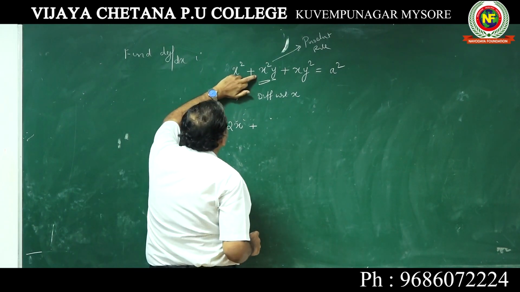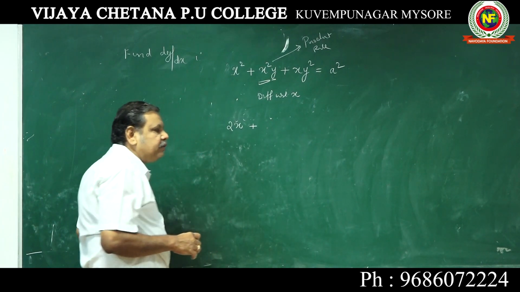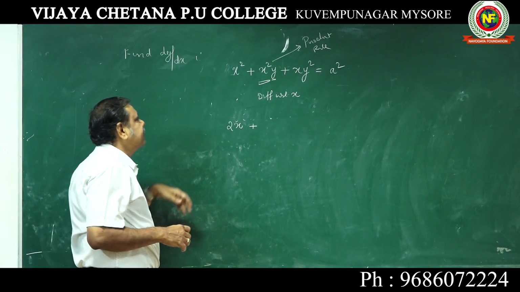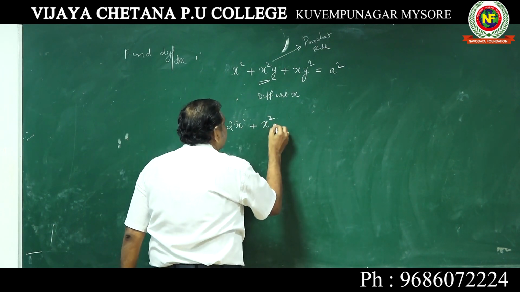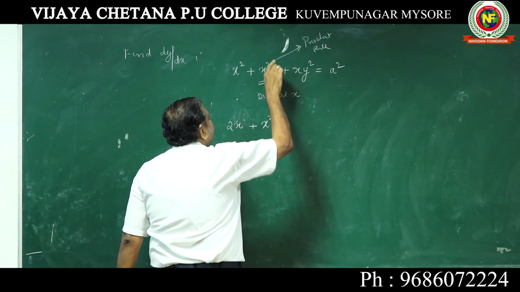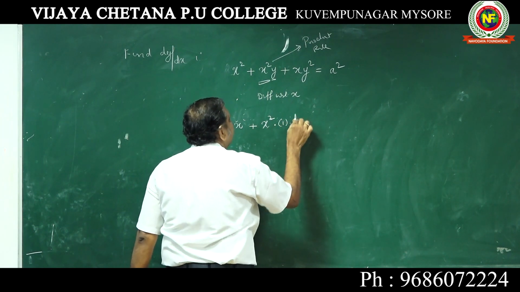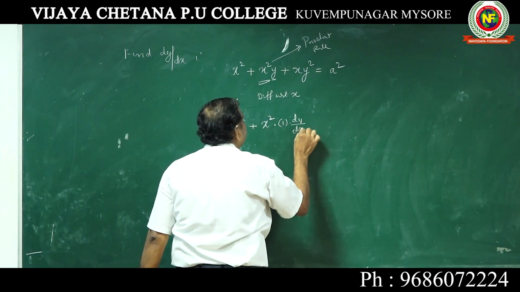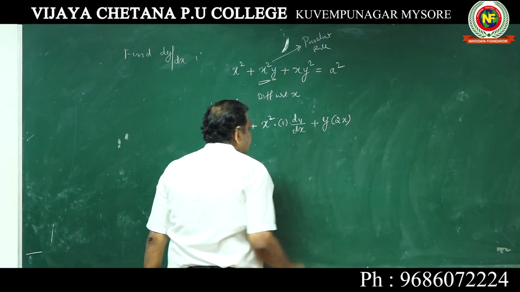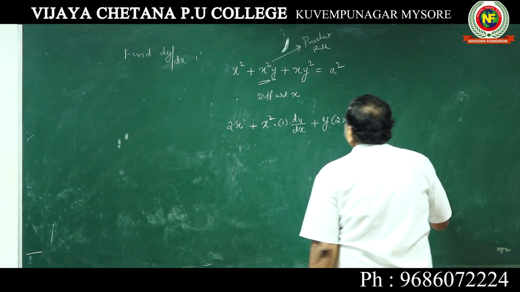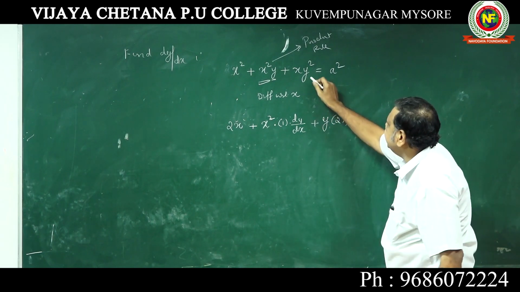You have to apply d by dx of uv is equal to u into dv by dx plus v into du by dx. That is x square into dy by dx of this is 1 into dy by dx, because you are differentiating y variable. Next y into 2x plus here also very important thing.